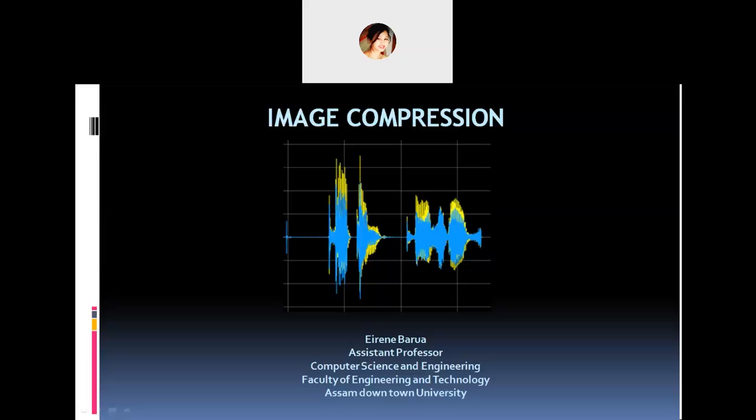So you're saying that it means reducing the size of an image without compromising the quality of the image, right? Yes. Image compression is a technique you can use to diminish the size of an image without hampering its quality.